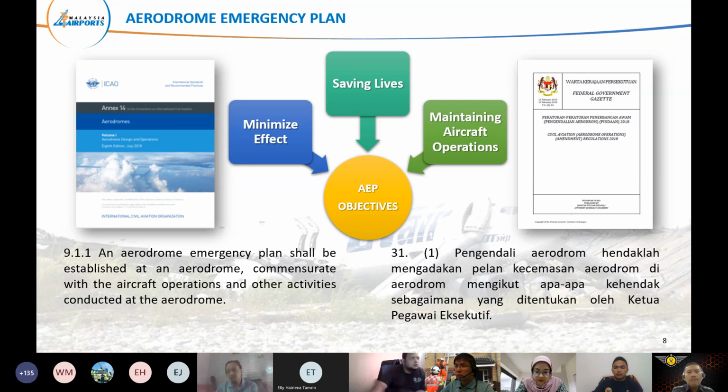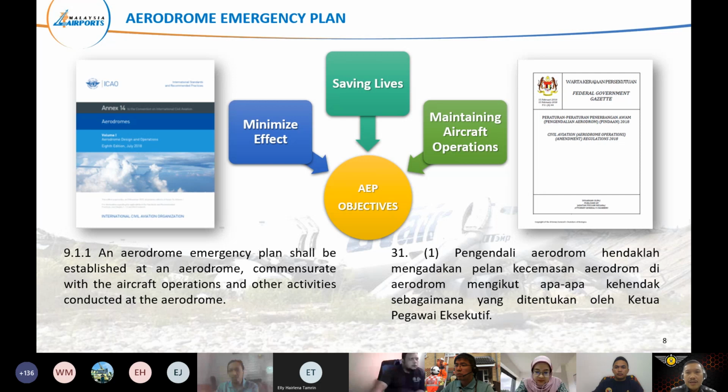Why do we need this AEP, or aerodrome emergency plan? First and foremost, the objective is saving life. The faster you respond, the more lives you can save. Second is to minimize the effect of any emergency at the airport.